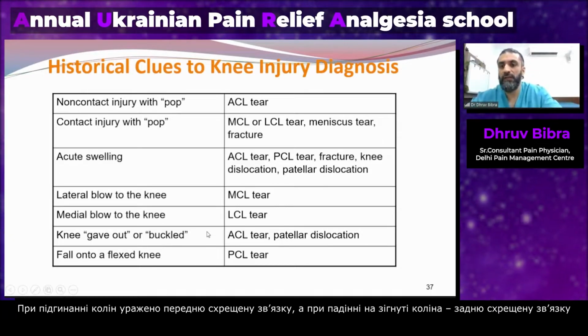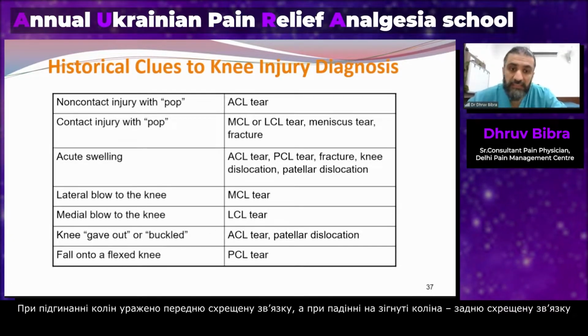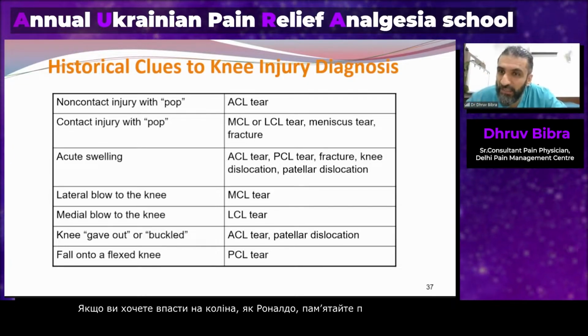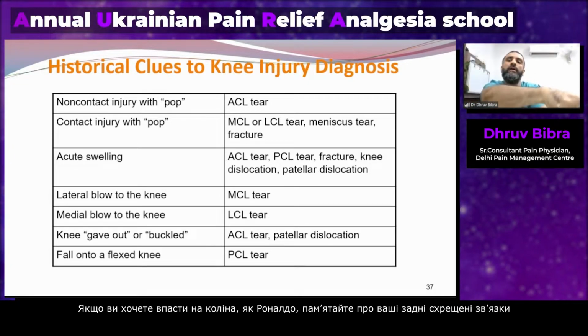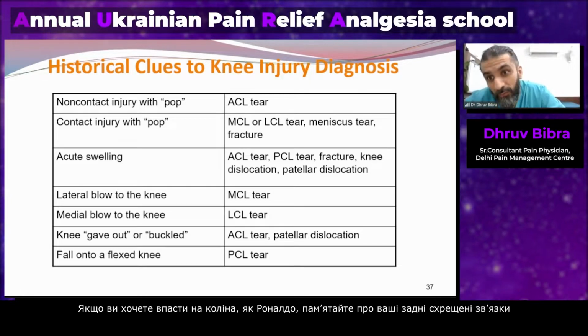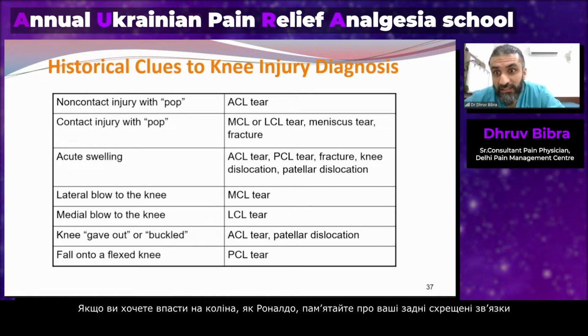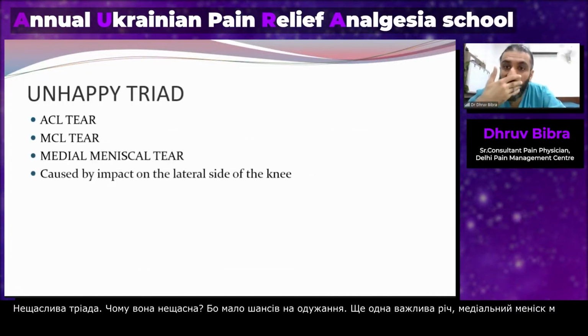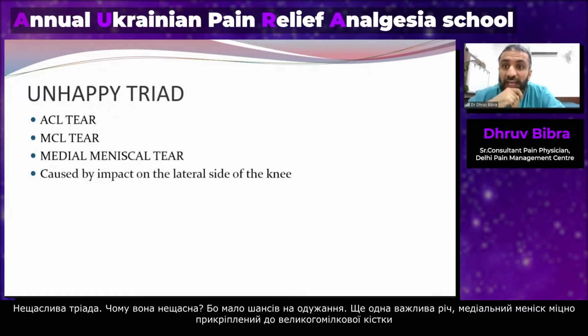Buckling or giving way is something which is there with the ACL, and a fall on the flexed knee is PCL. So my friends who celebrate like Ronaldo going on their knees to celebrate a goal, remember you are putting your PCL at risk of being torn. Now, the unhappy triad. Why is it unhappy? Because the chances of recovery are less.